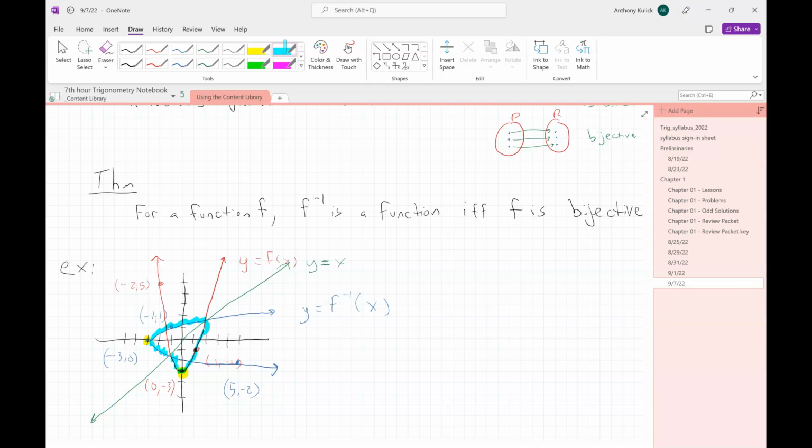You guys can kind of see that. It's a little bit more difficult, I think, to use your imagination to see that. But you could find the inverse graphically that way also. I would just as soon find some ordered pairs and then swap the ordered pairs and connect everything back together again. But there's nothing wrong with just reflecting across the line y equals x also. That's okay to do.